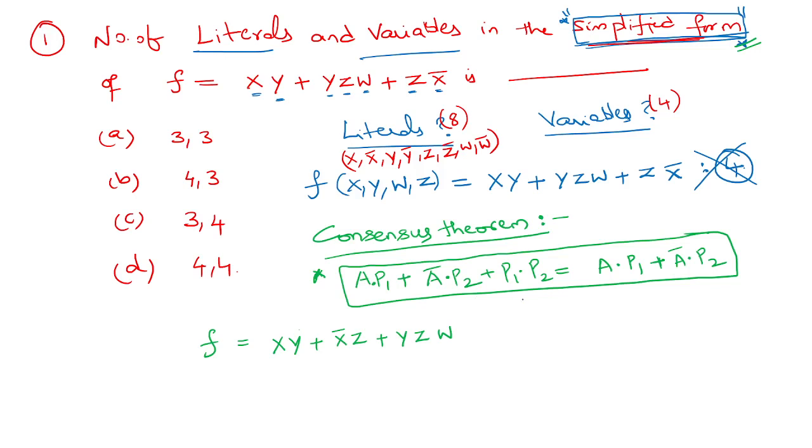See, if LHS is equal to RHS, we can also say RHS is equal to LHS, right? If this is present on the RHS, I can write the LHS form for it: XY plus X bar Z plus YZ. Can I write it like this in the reverse way?